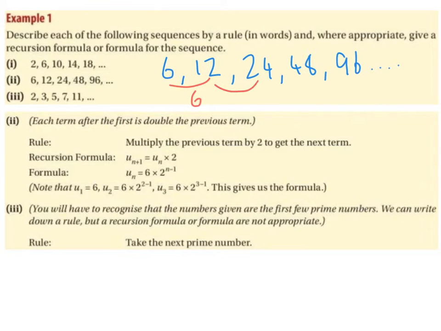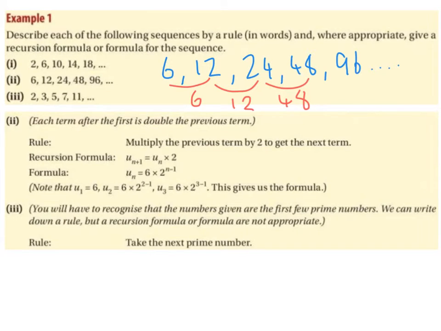To get from 12 to 24, it's a difference of 12. From 24 to 48, it's a difference of 24. And I don't need to go any further. I can clearly see that my first difference is not the same. So this is not an arithmetic or linear sequence, and therefore we cannot use the formula that we used in the last question, which is the 0 term, nth term formula.